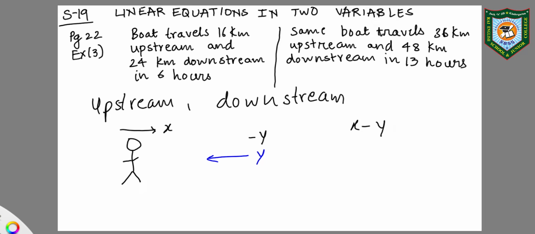Now, let's say that the wind, instead of coming from this side, goes in this direction. Let's say the wind is blowing in this direction. That means the wind and my movement direction are the same. So this is in the same direction as me, therefore this value becomes plus y.